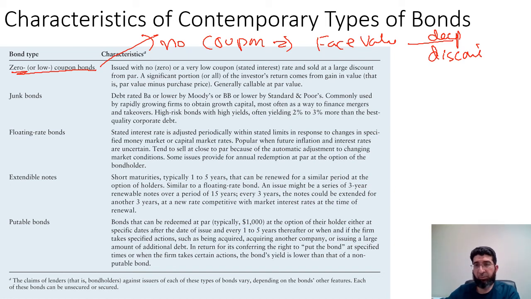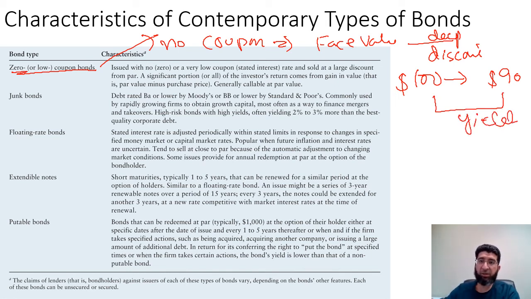So let's say a $100 zero coupon bond is bought at $90. The difference is what we receive as yield. On maturity, I will receive 100. I bought it at 90, so the $10 will be my yield.